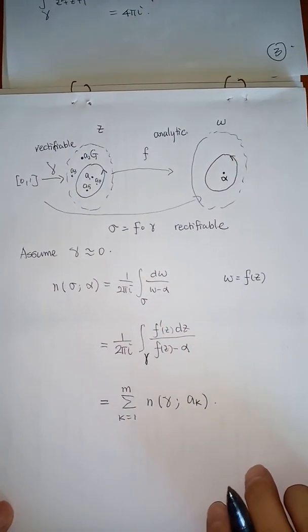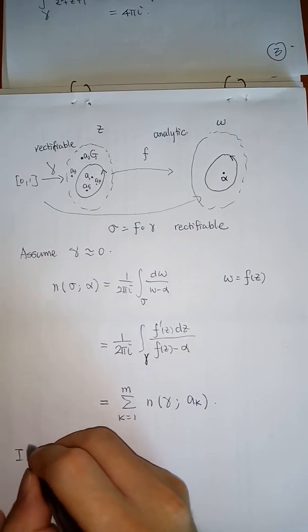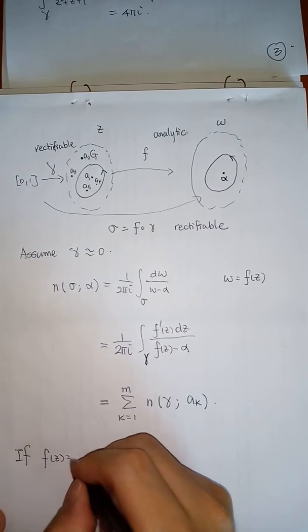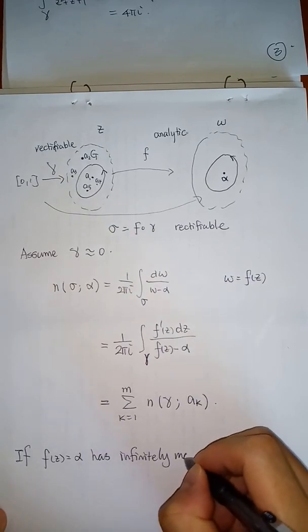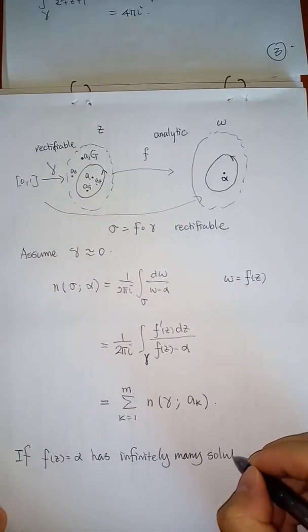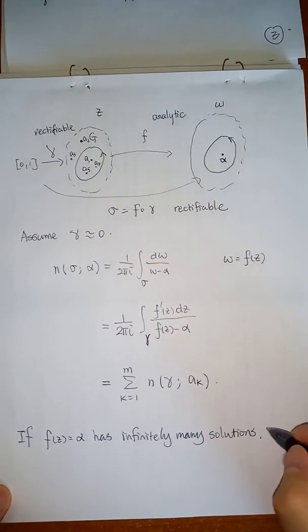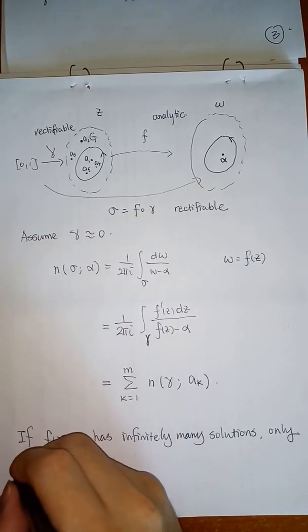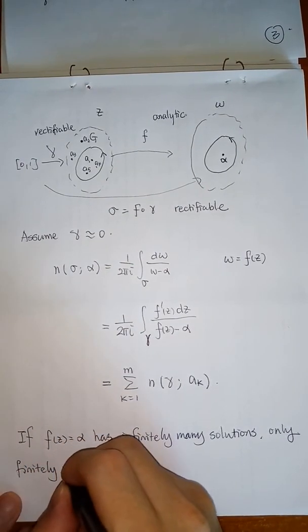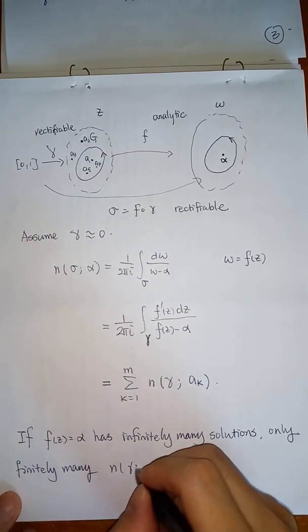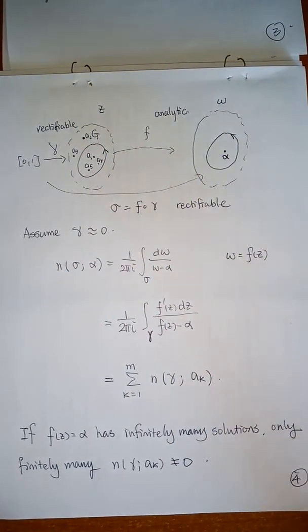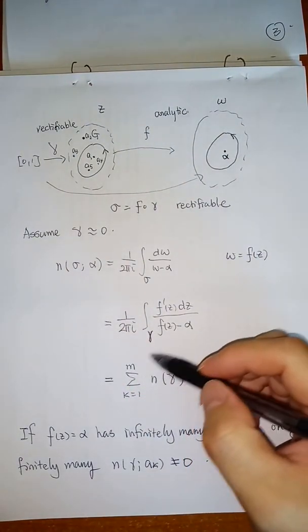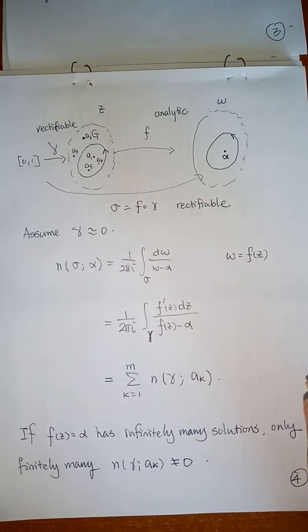So it's not a problem for us to just label finitely many, not infinitely many.